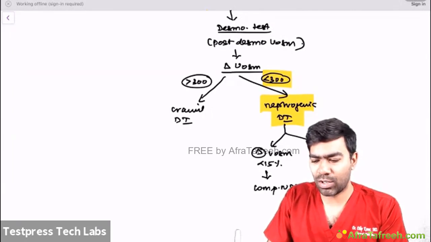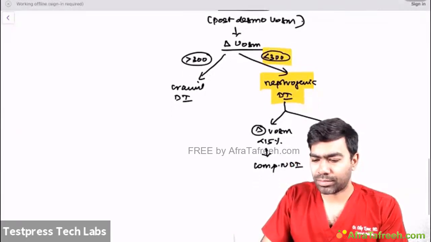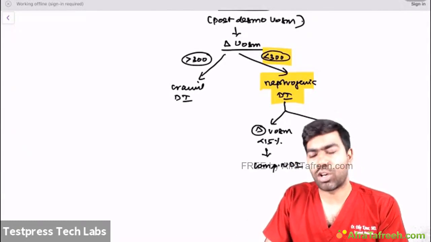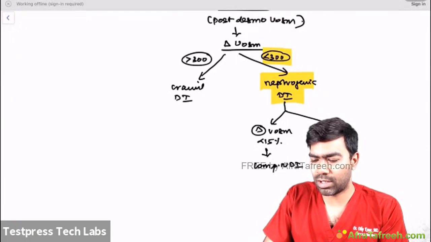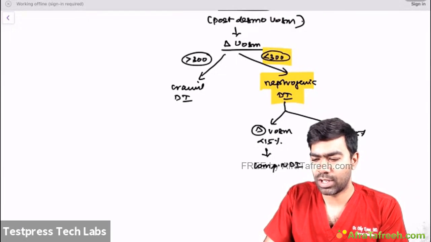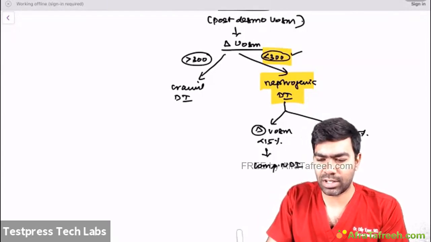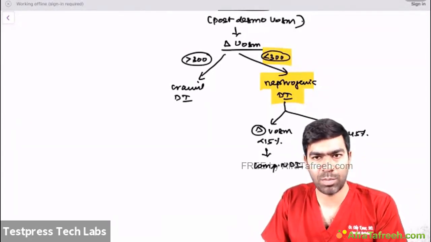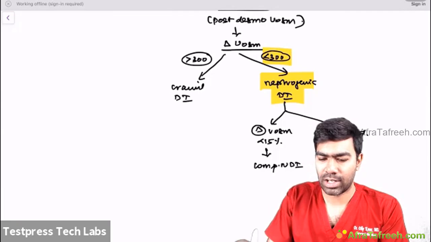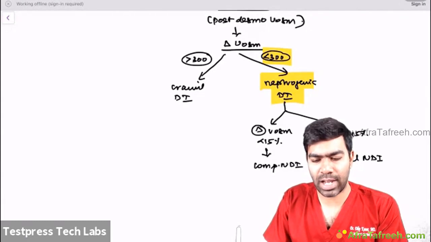If the change is more than 15%, in the range of 15 to 45%, which is the number given in textbooks, there is some improvement. It is still less than 300, but compared to the post-water deprivation value there is some improvement after giving desmopressin. That means you're talking about a partial nephrogenic diabetes insipidus, not a complete one.